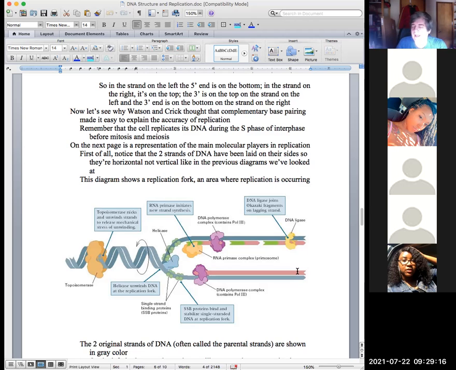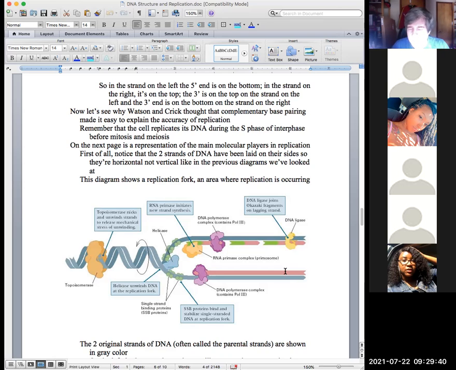We said the nucleoplasm was like the cytoplasm, and the cytoplasm is like a warehouse. So there are spare nucleotides in the nucleoplasm, and this DNA polymerase has the ability to grab the right nucleotide and snap it into position.